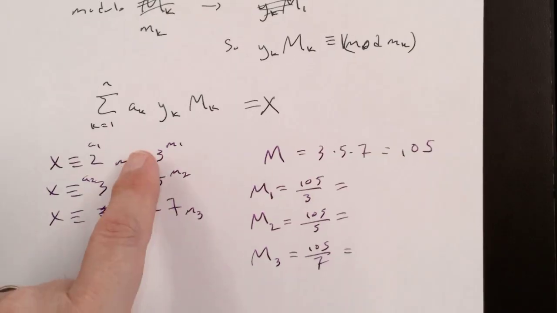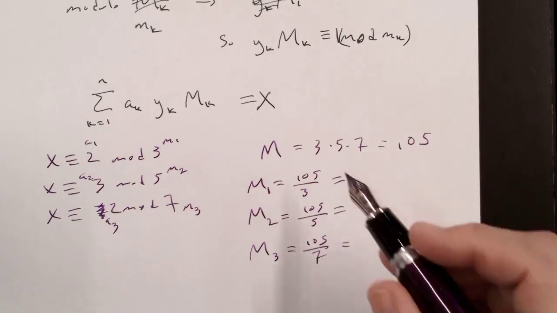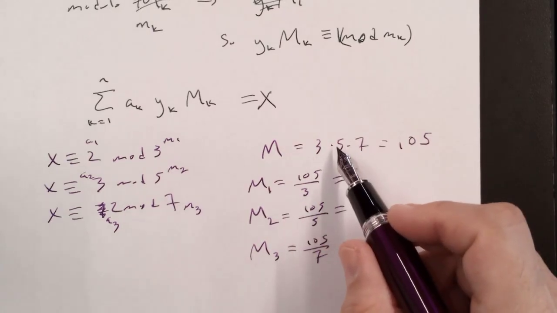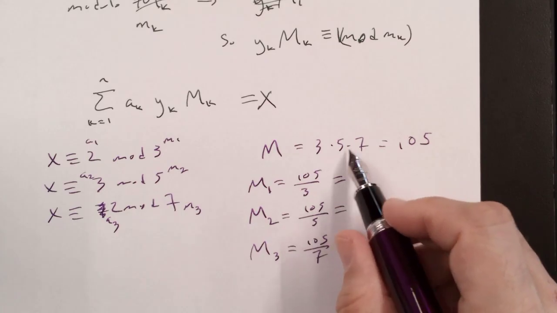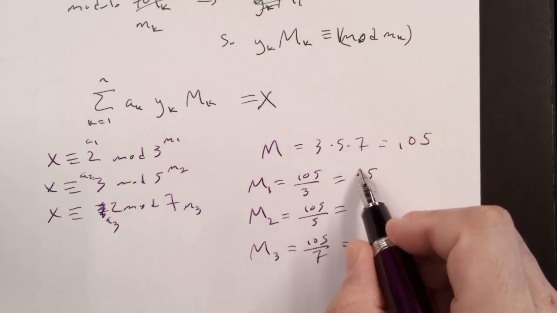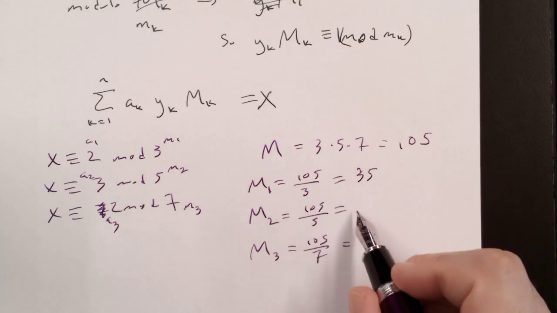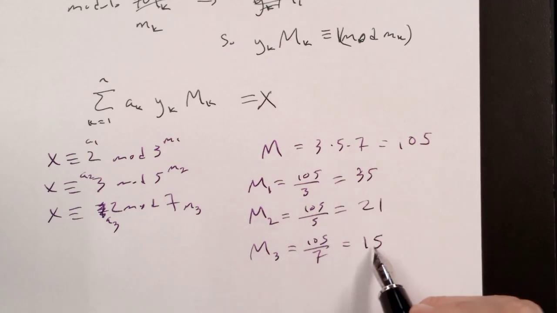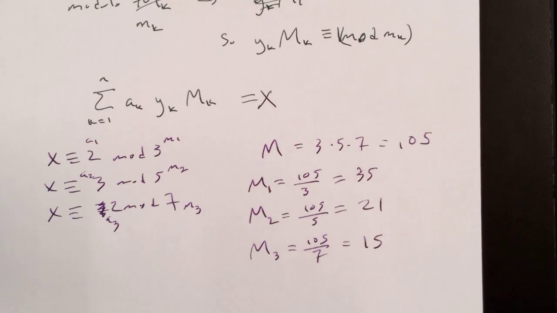I divide by each of these m's. But notice that means I'm taking one of these 3 numbers away, so I just multiply the other 2. So 105 divided by 3 is 5 times 7. 105 divided by 5 is 3 times 7. 105 divided by 7 is 3 times 5. With me so far? This is gross.